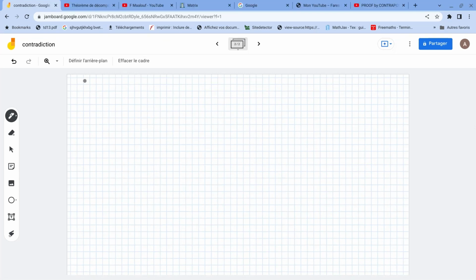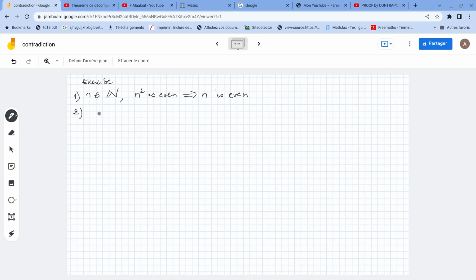Here are other examples. Exercise. Prove that the following statements are true. First statement: n is a positive integer, if n squared is even, then n is even.